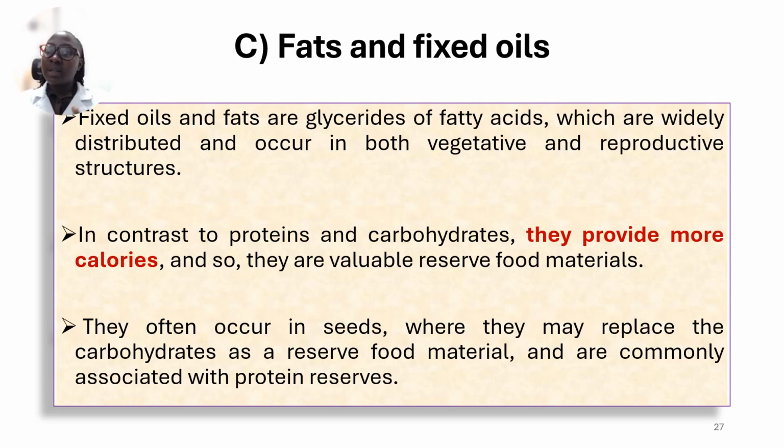Just like humans, we depend more on carbs, but in hard situations, we depend on our body fats. They occur in seeds where they may replace the carbohydrates as a reserve material and are commonly associated with protein reserves.